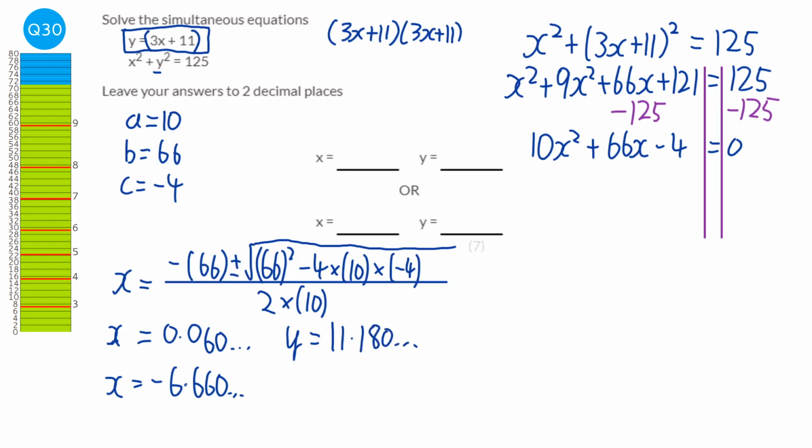We're going to do that with the next solution, and we're going to times it by 3 and add 11, and when we do that we get minus 8.980 blah blah blah. We're going to round each of these to 2 decimal places, so we've got 0.06 and 11.18, and the second set of solutions is minus 6.66 and y equals minus 8.98.